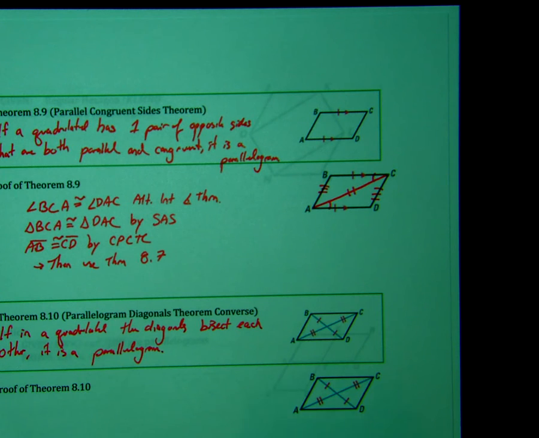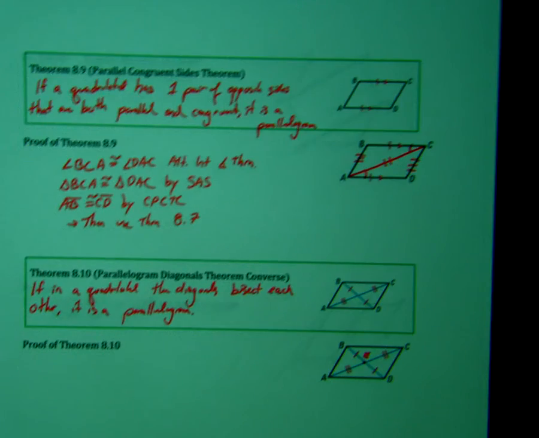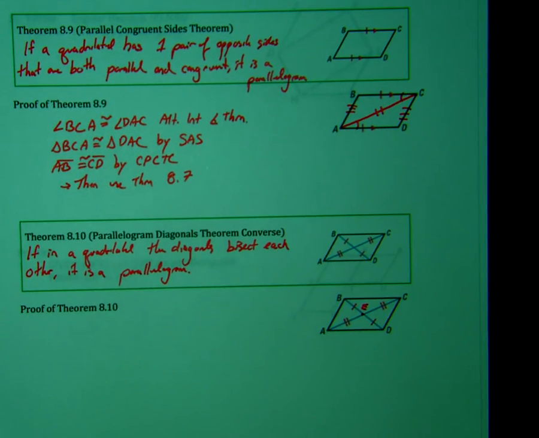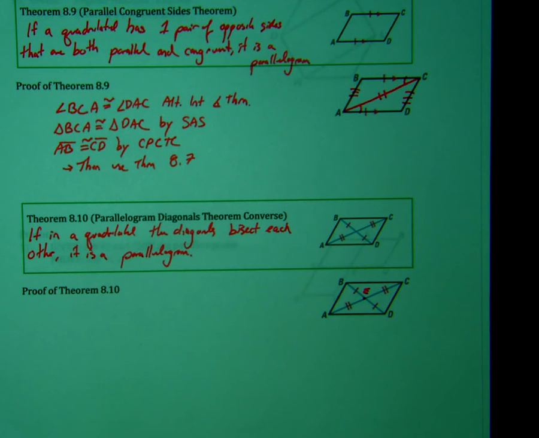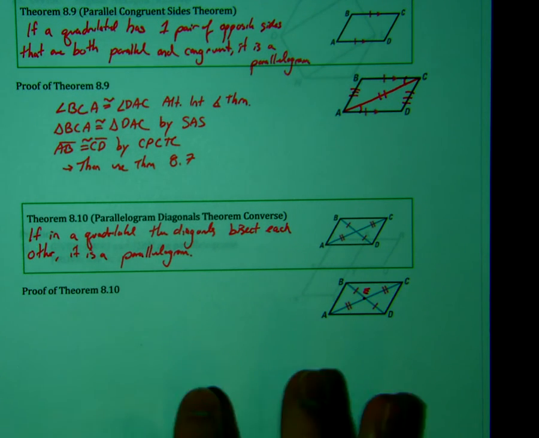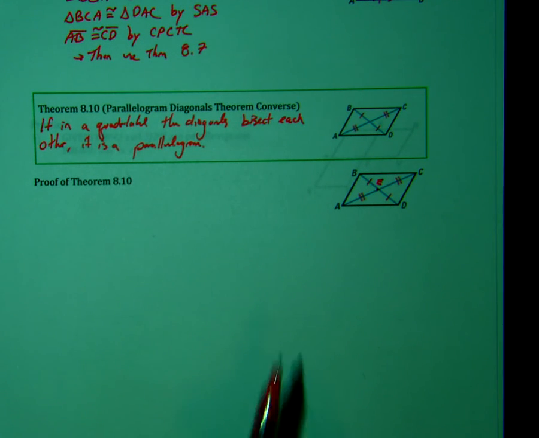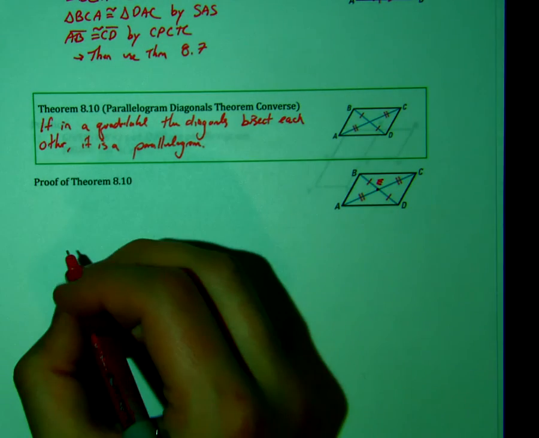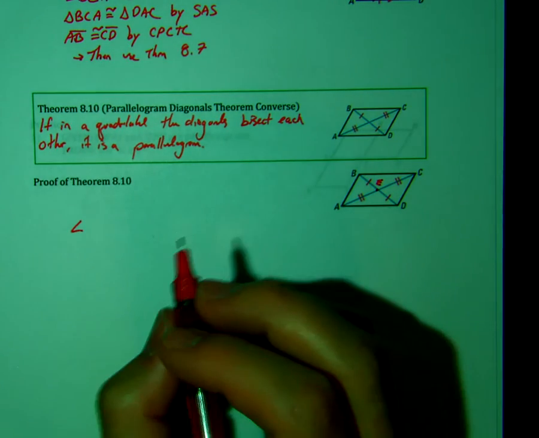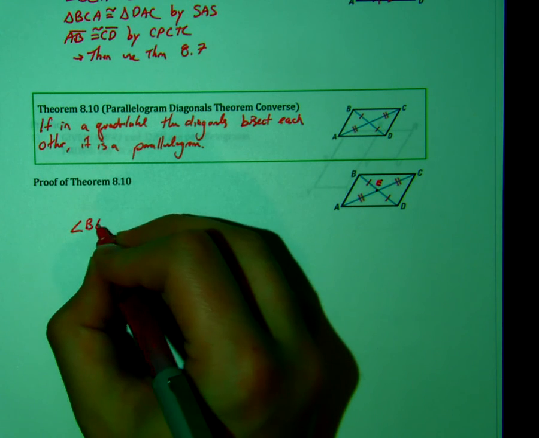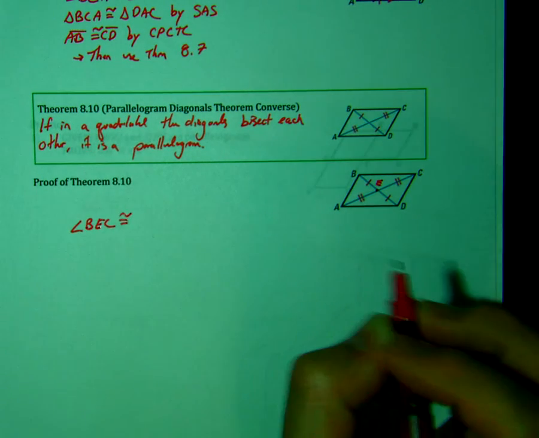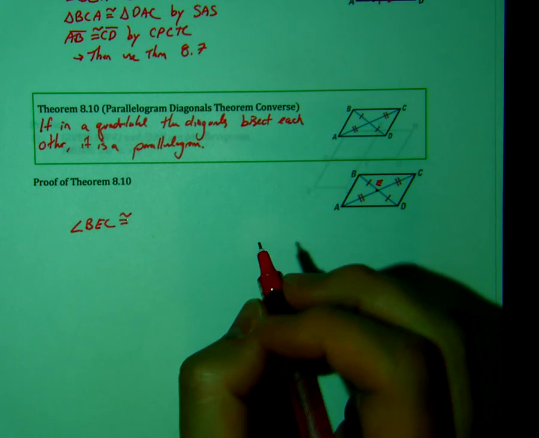Okay. So for this, I'm going to do a couple things. I'm going to actually label this middle point here E. Oh, sorry, a little off screen there. So I'm going to label that little point E in the middle. All right. And I'm going to run through kind of a flow chart of a proof. We have angle BEC is congruent to angle AED.